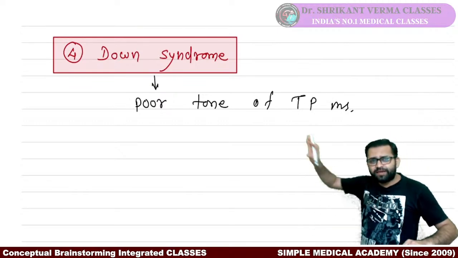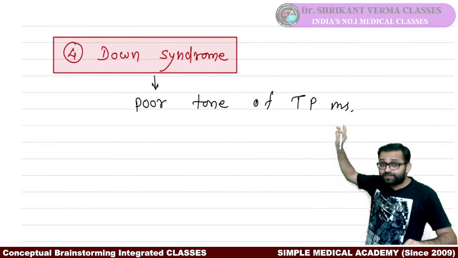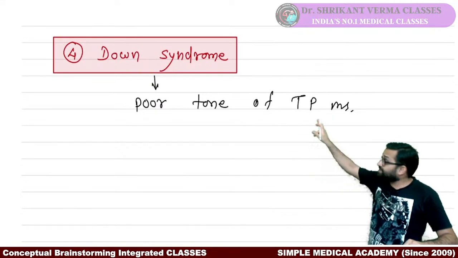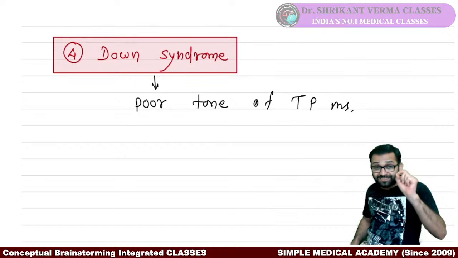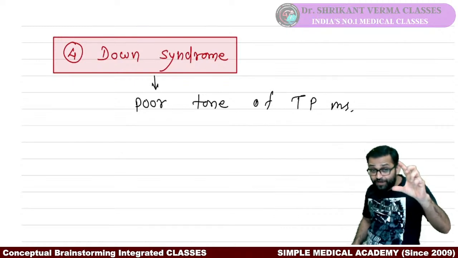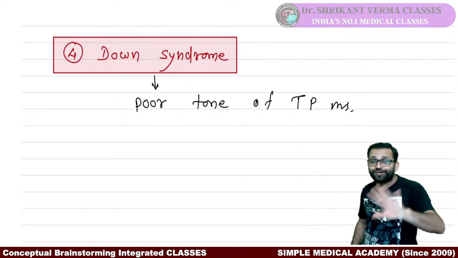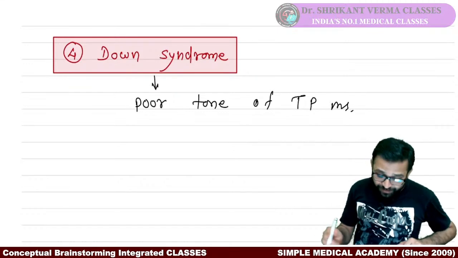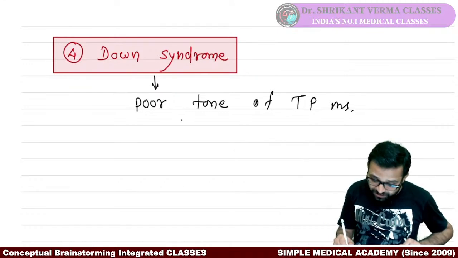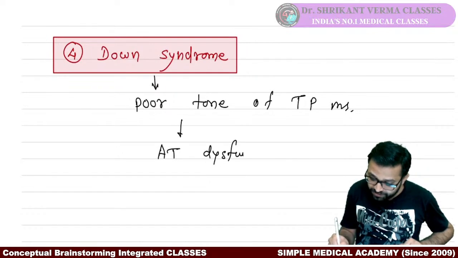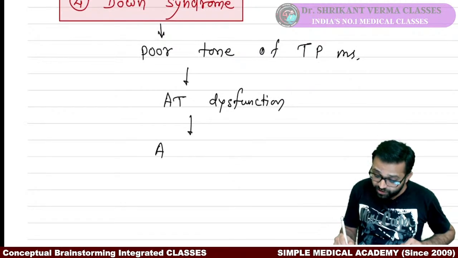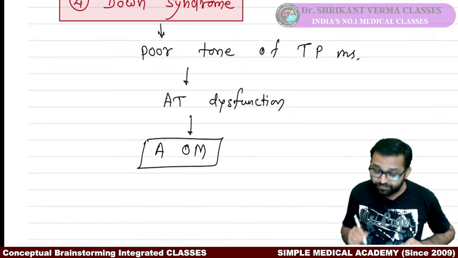Various congenital symptoms are there. One of them, tone is poor, tensor palatini is getting affected, and tensor palatini is responsible for the opening of the auditory tube. So the auditory tube is not getting open. So what is happening? Try to understand. Auditory tube function is impaired, which is leading again to acute otitis media.